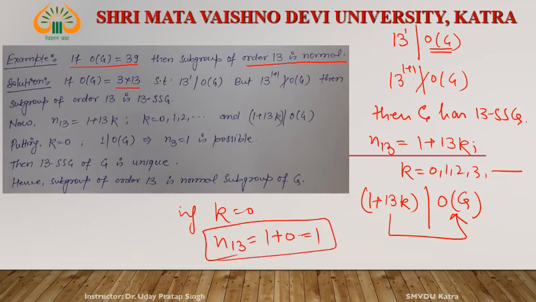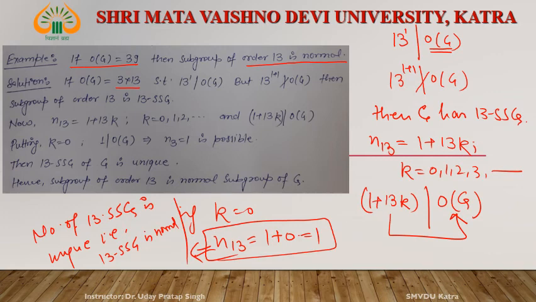Means n13 is 1. n13 is 1 implies that the number of 13 Sylow subgroups is 1, it is unique. That is, the 13 Sylow subgroup is normal.